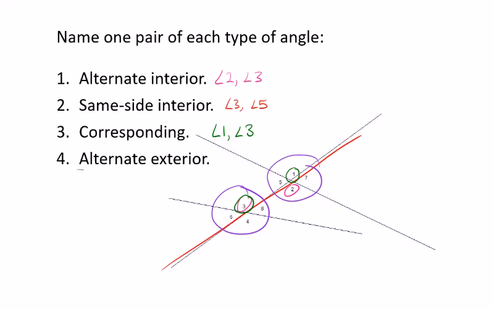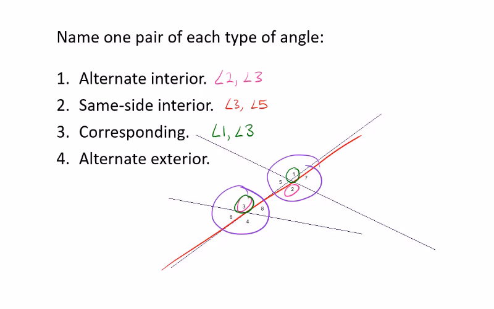And then the last one, number 4, alternate exterior. We want something that's outside of the two lines that the transversal intersects, so something here or something here. And we want them on alternate sides, on opposite sides of the transversal.